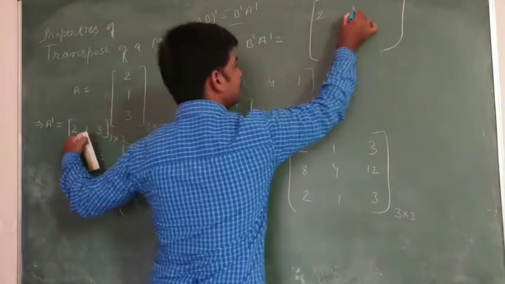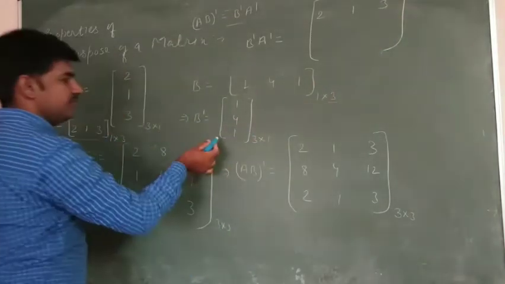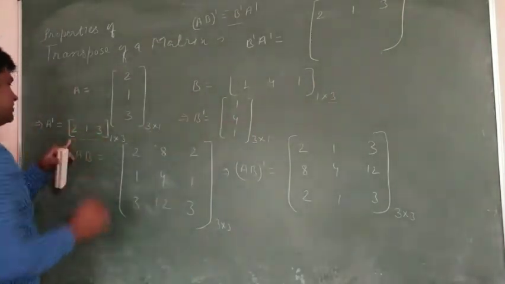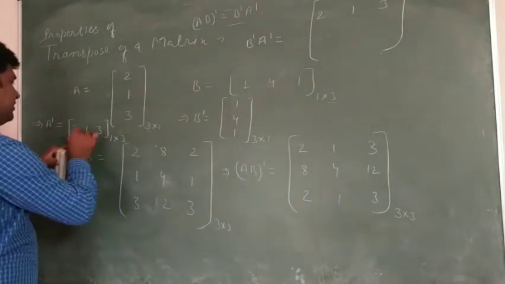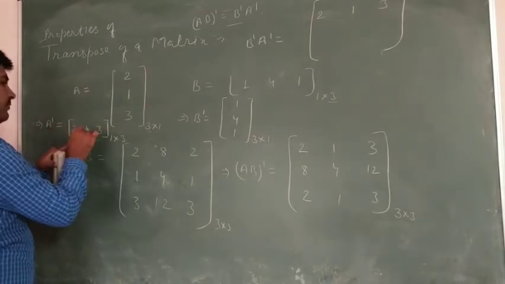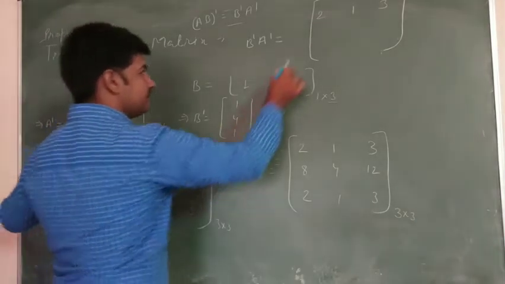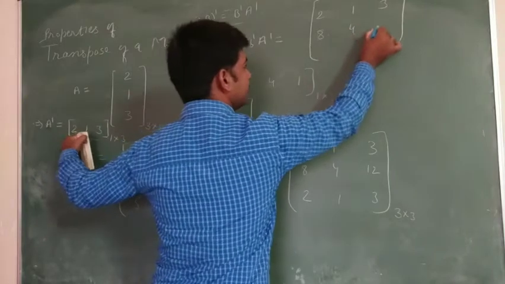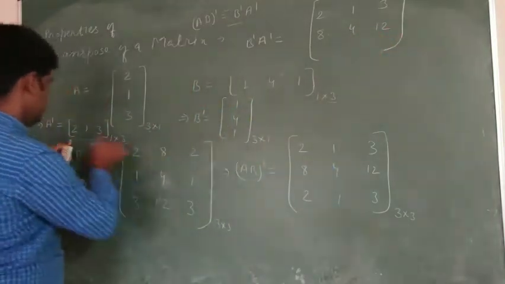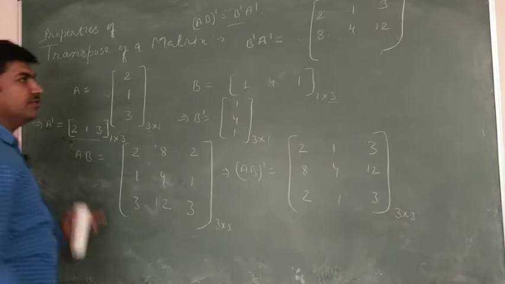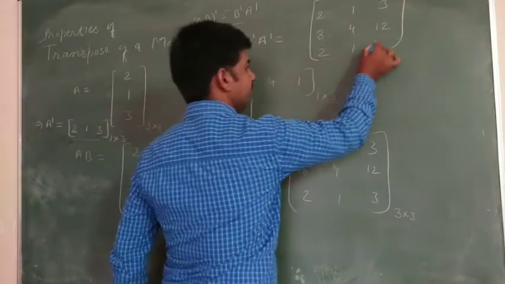Now the second row, 4 multiplied by this, gives 8 4 12. Now 1 multiplied by the entire row, so 2 1 3.